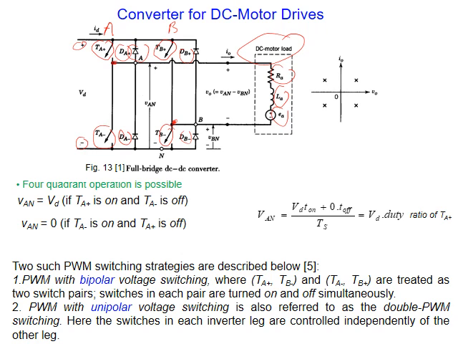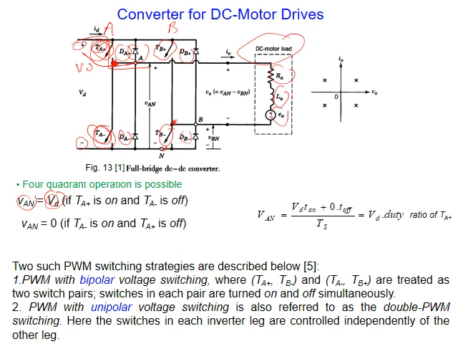Now let me talk about one of these legs, leg A as an example. When TA positive is on, current will flow here, okay? So the voltage here is the voltage VD. So you see here VAN, this is A, okay? As you can see here, the middle is A, and this is N, the ground. Then it's equal to VD when this one is positive and this one is off.